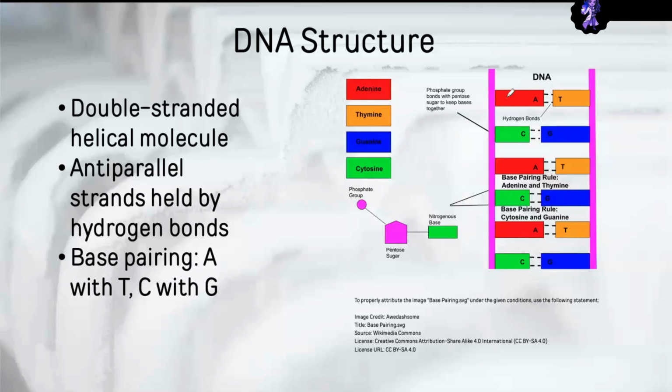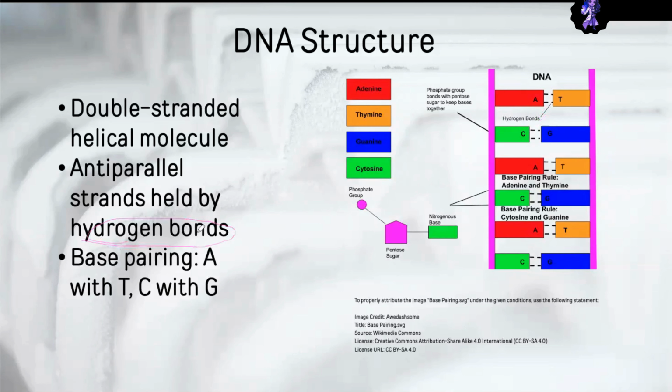So when we talk about DNA, we're talking about a phosphate backbone, and that's that pink color right here. We have these letters, and they're called nitrogenous bases. For DNA, you have A, T, C, and G. And what we do know is that A likes to bind with T and C likes to bind with G. Now, with that pairing, we also know that the bonds between those nitrogenous bases are hydrogen bonds.